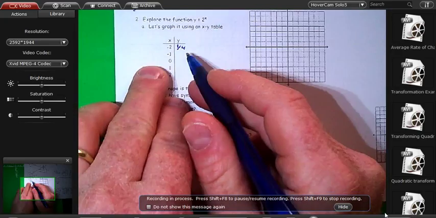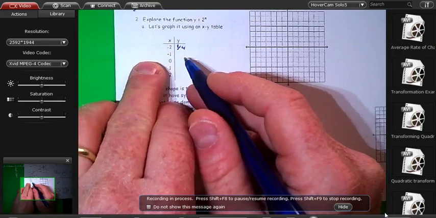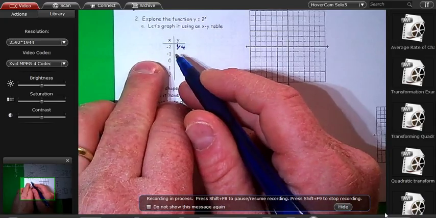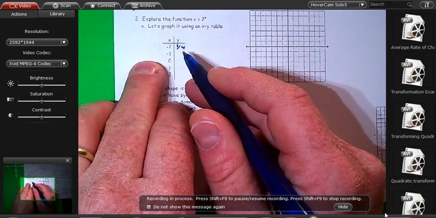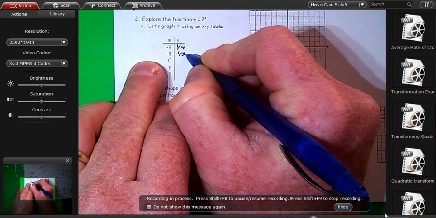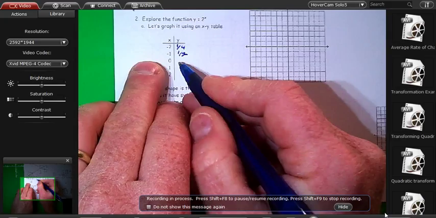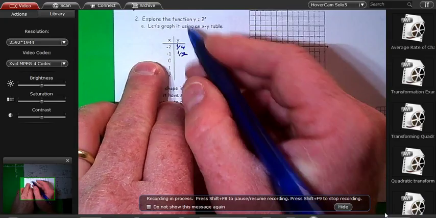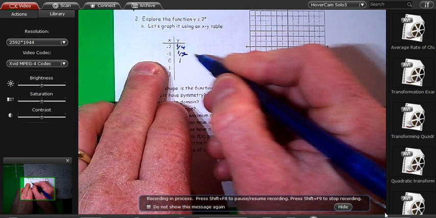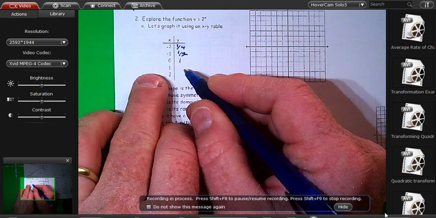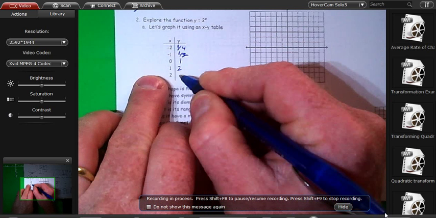When x is -1, 2 to the -1 is really 1 over 2 to the first, 1/2. 2 to the 0 is 1. Remember, any number raised to the 0 exponent is 1. 2 to the first is 2. 2 squared is 4.